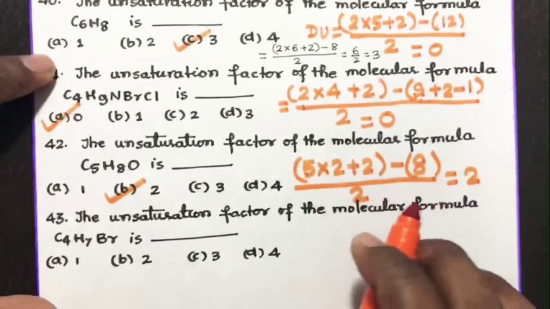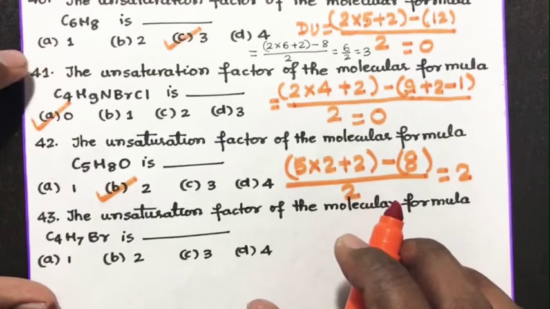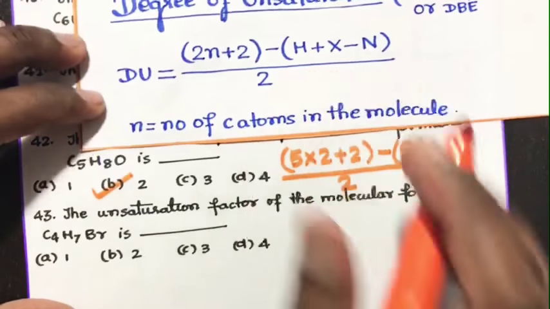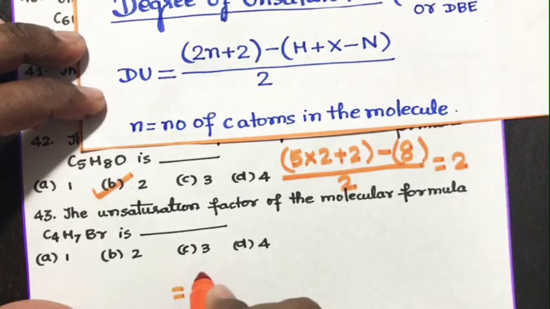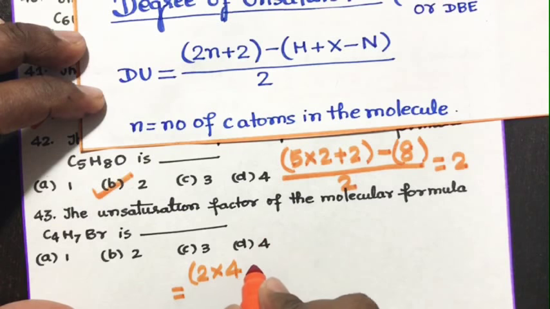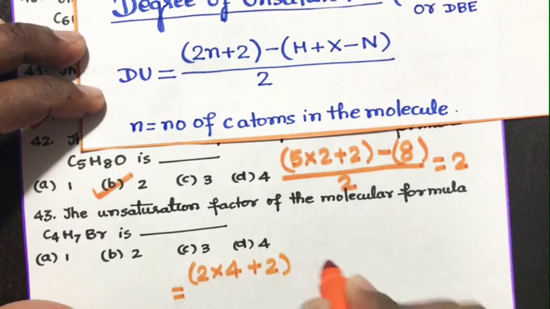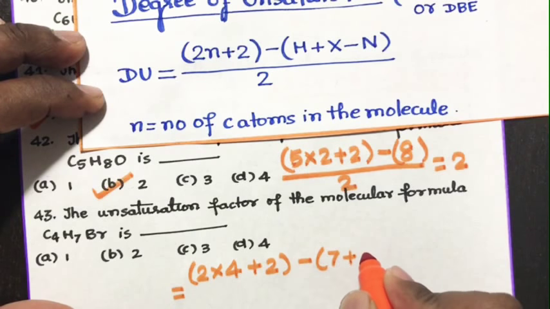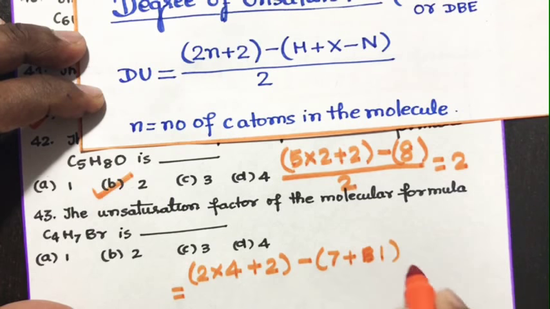Now coming to the next one. The unsaturation factor of the molecular formula C4H7Br. If you use again the same formula, then this will be 2 into number of carbon atoms, that is 4, plus 2 minus number of hydrogen atoms, that is 7, plus number of halogen atoms, that is bromine here, that is 1, divided by 2.